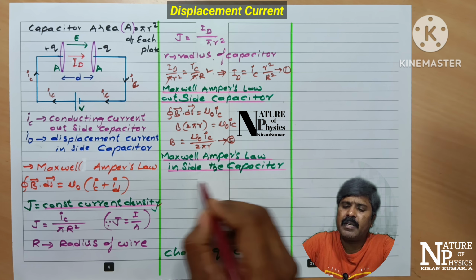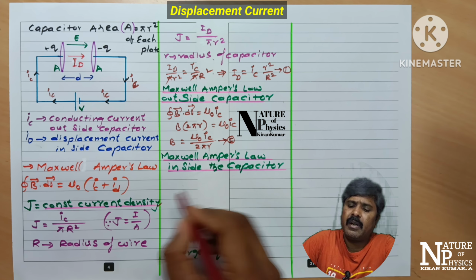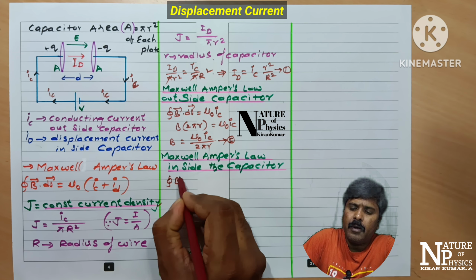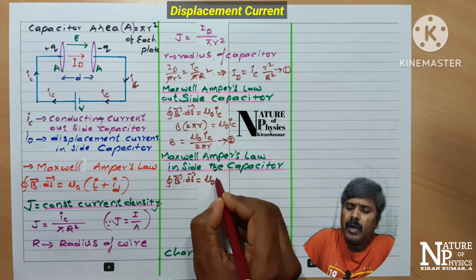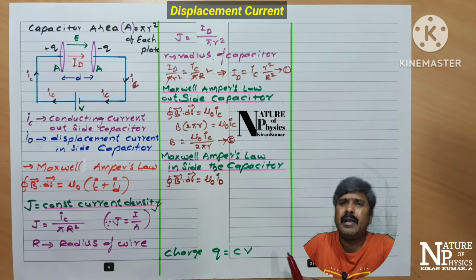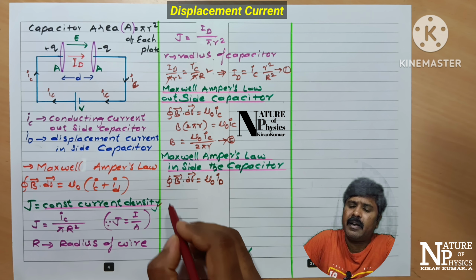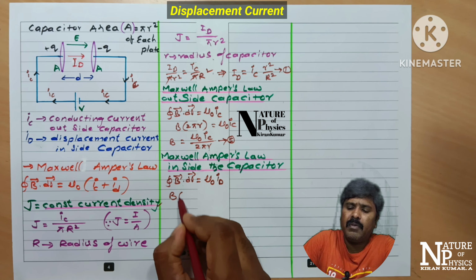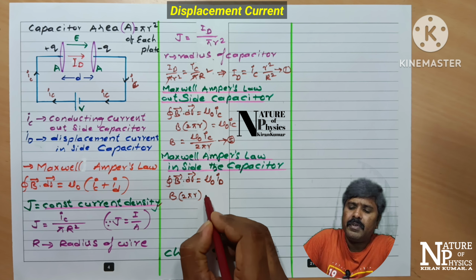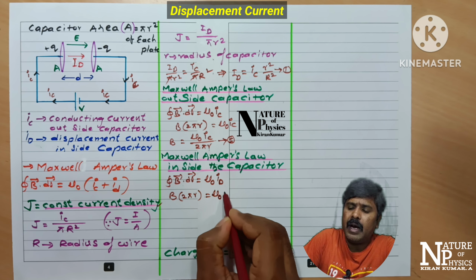Next, Maxwell Ampere's law inside the capacitor: closed integral of B dot dl is equal to mu naught ID, where ID is the displacement current. So B into integral dl, which is 2 pi r, is equal to mu naught ID.